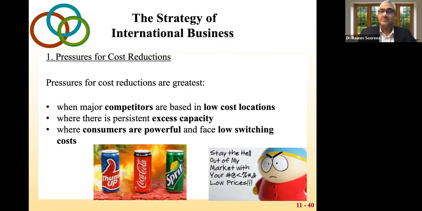And where consumers are powerful and face low switching costs, right? Low switching costs means that they can switch from product A to product B very quickly. So for example, in India, people drink a drink called Thumbs Up, which is like a Pepsi product, and then there is Coke, and there is Sprite. But sometimes people don't care about which product they drink.